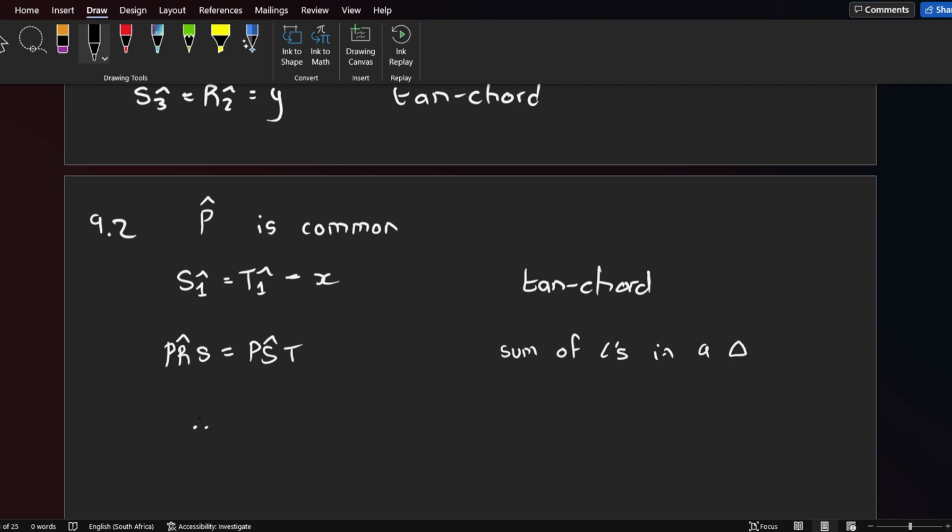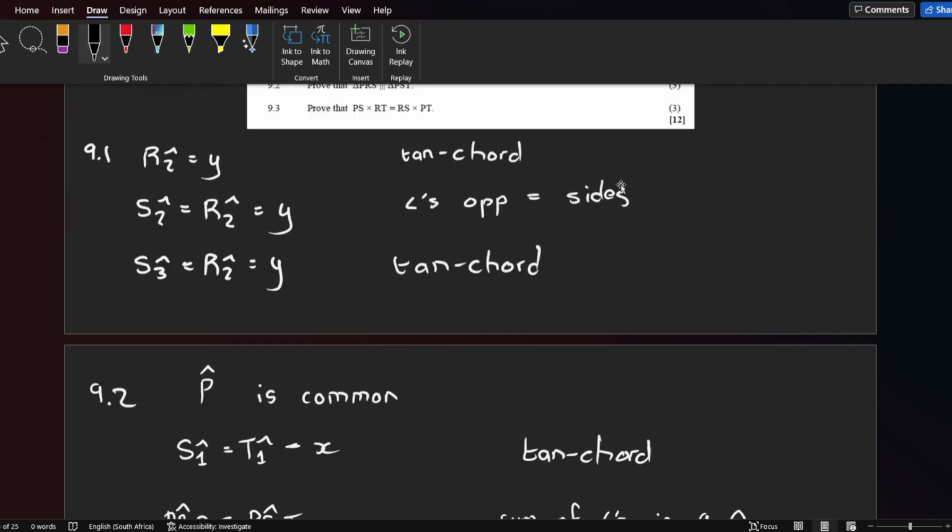So therefore we can conclude that triangle PRS is similar to triangle PST, and our reason there will be angle, angle, angle, because we have proved that all three angles are equal.